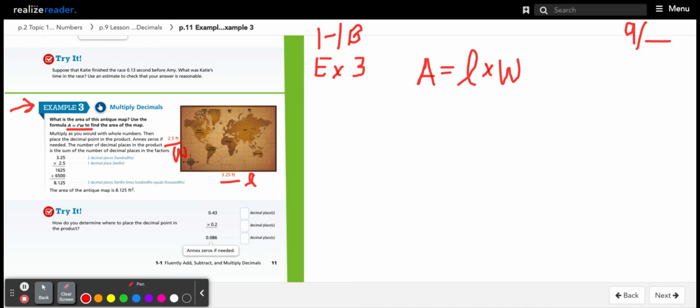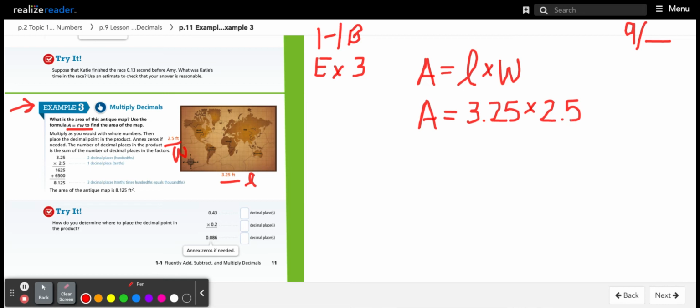I don't know what the area is, so I'm going to keep that as a capital A. Area equals, well, what's the length? Oh, I labeled my length as 3.25, times, what's the width? Oh, I labeled the width on the picture, 2.5.